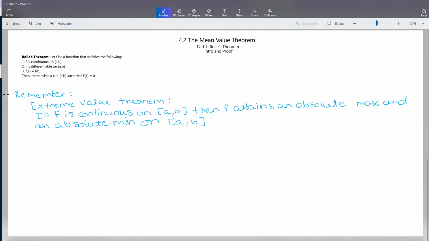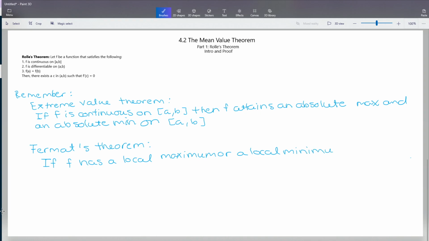The other theorem that we're going to need to remember was Fermat's theorem. Remember for Fermat's theorem, we know that f has a local maximum or a local minimum at x equals c, and f prime of c exists.